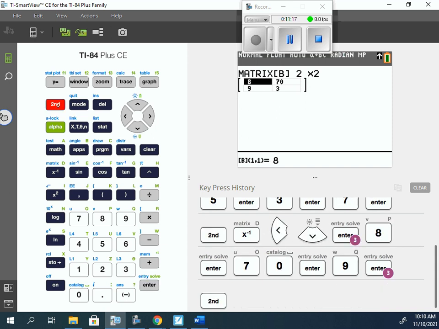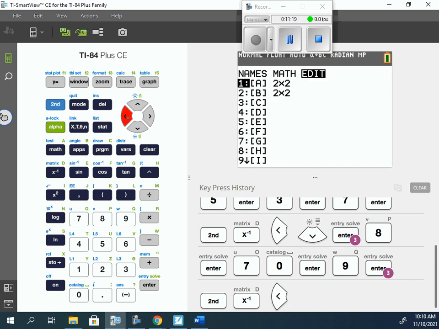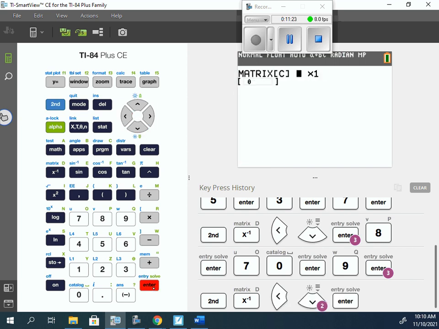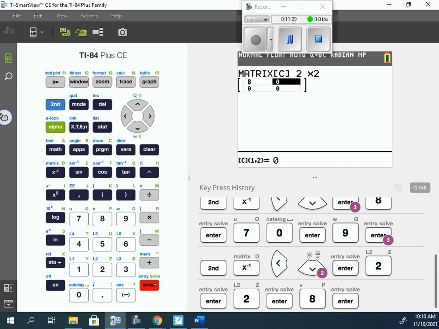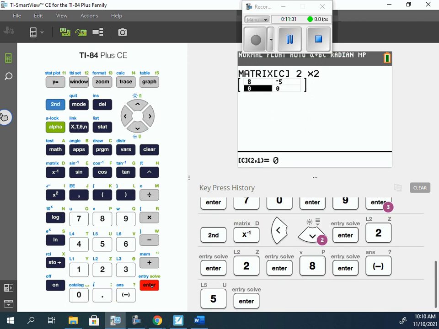And once we get it plugged in, we're going to go second matrix again, but this time we want matrix C, and this one here is a 2 by 2, 8, -5, 9, and 7.